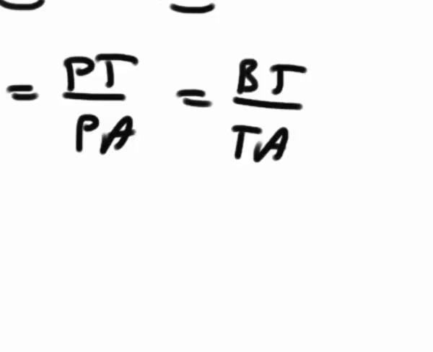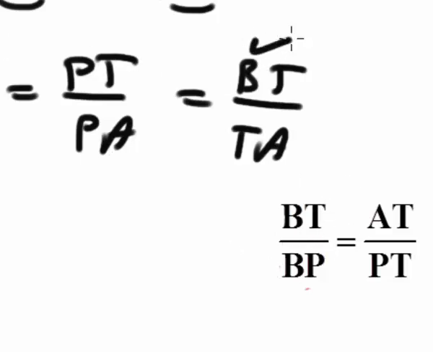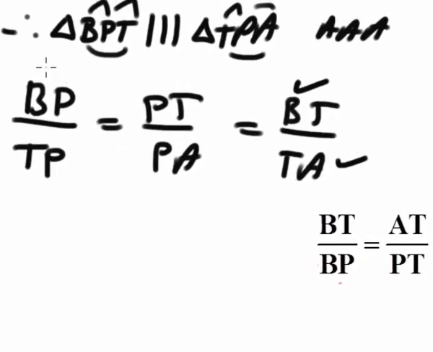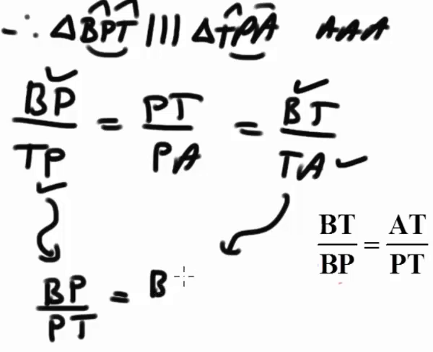Paste it there. So let's see, what do we have in terms of what we want to prove? We've got BT, TA, BP, and PT. So if we extract these out, you've got BP divided by PT, or TP, is equal to BT over AT.